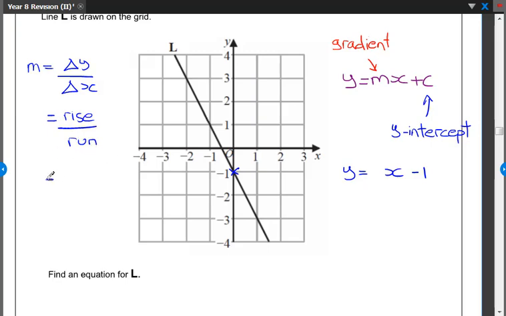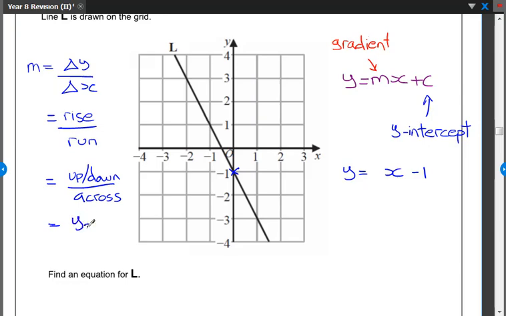How far up or down over how far across, that's change in y over change in x. Delta is the representation of change or difference.